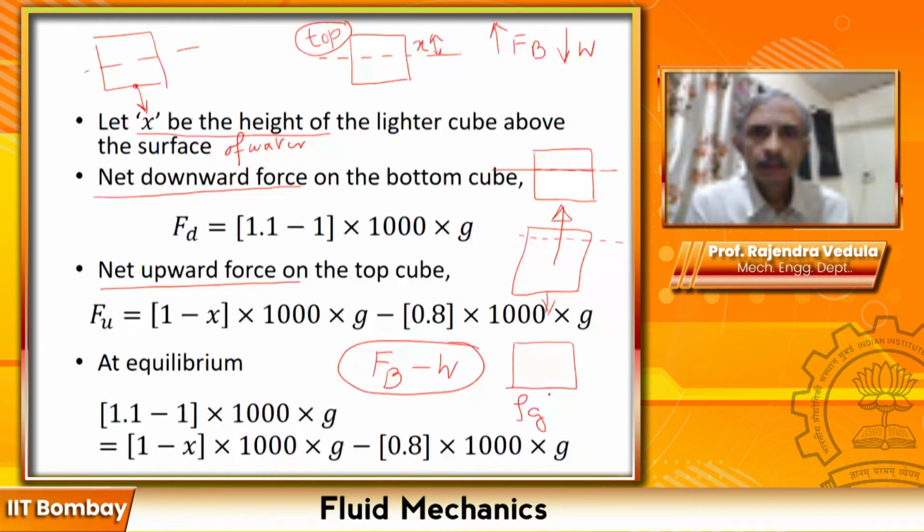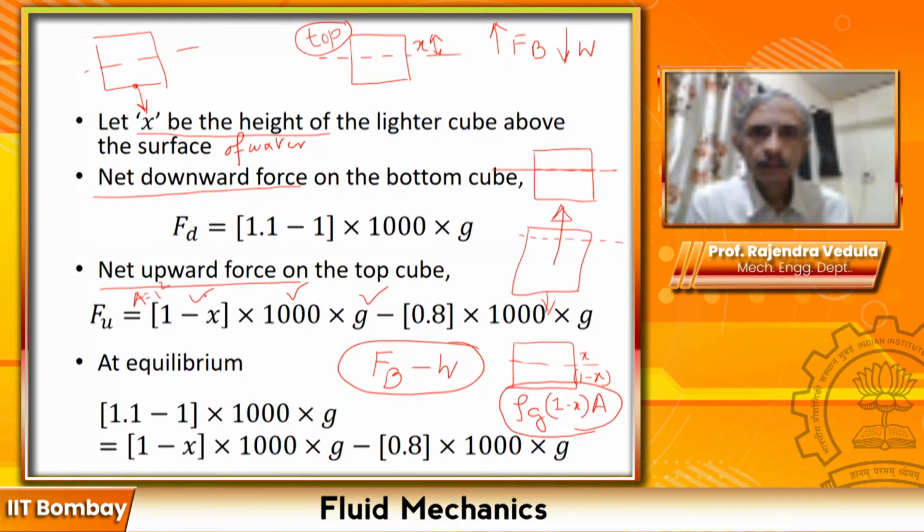What is the submerged volume? We have said this is x, this is 1 minus x. So 1 minus x times the area of cross section. So this is the upward force that is coming on. So this is rho, this is g, this is 1 minus x, and A is equal to 1 square.